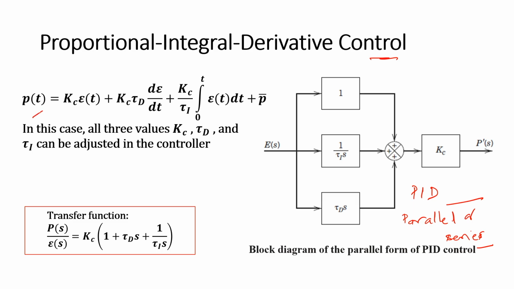So, in this case what happens, the P(t) will be first coming from the proportional control, this is the derivative control, and this is the integral control, and this is the steady state value. Similarly, one can write the transfer function, this will be Kc (1 plus tau d s plus 1 upon tau i s). So, in this way this PID control works. So, it is having the response of all three control systems.